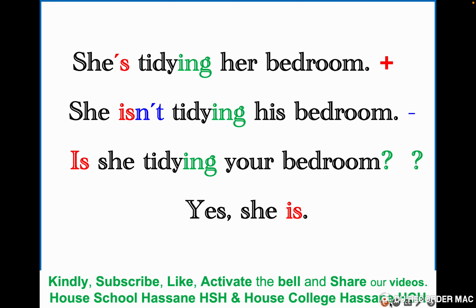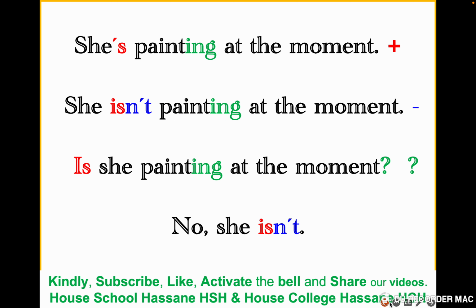She isn't tidying his bedroom. Is she tidying her bedroom? Yes, she is. Let's repeat after me these examples. She's tidying her bedroom. She isn't tidying his bedroom. Is she tidying her bedroom? Yes, she is. Let's go to the next verb.